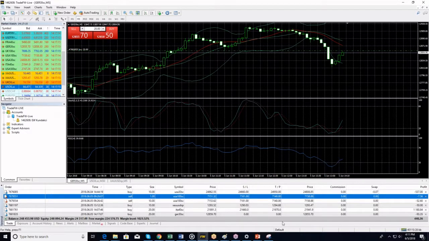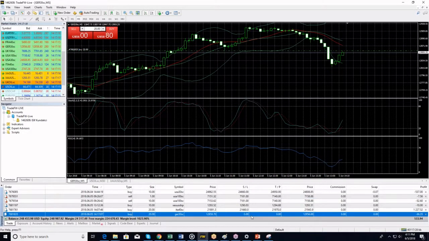And let's put our target prices. So I'm targeting here 12,876 as my take profit, and my stop loss is 12,831. There we go.